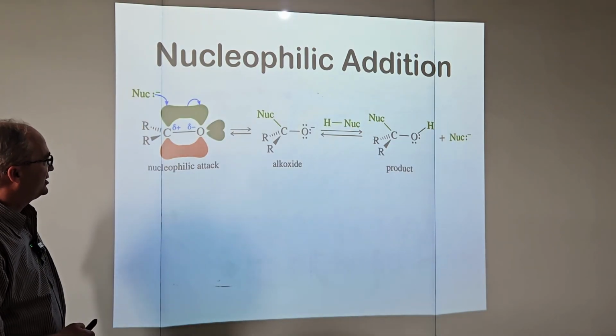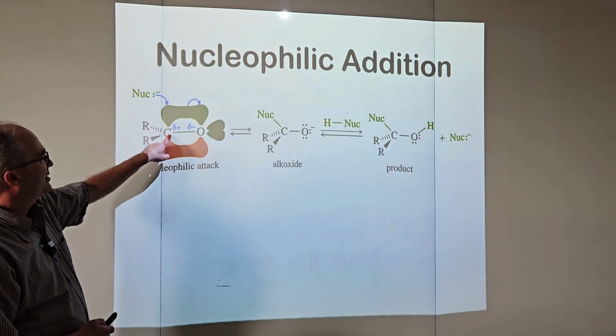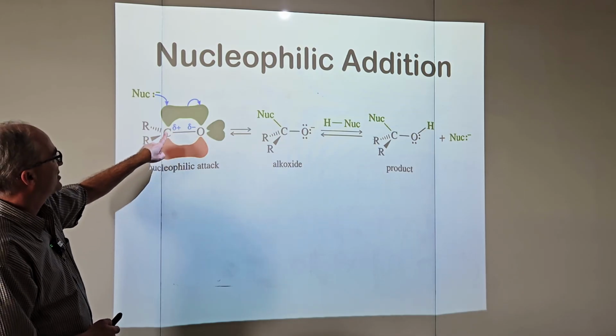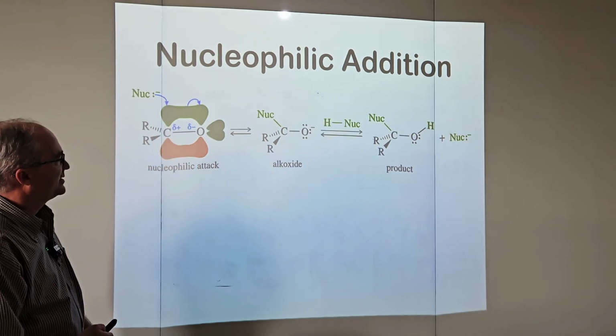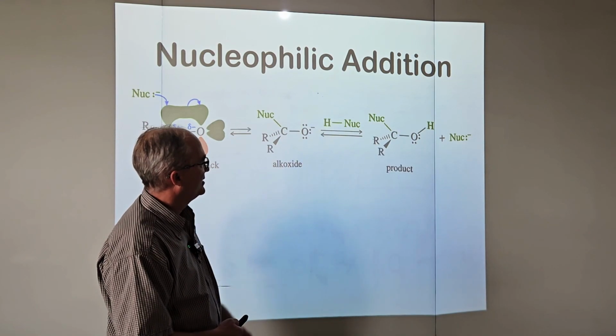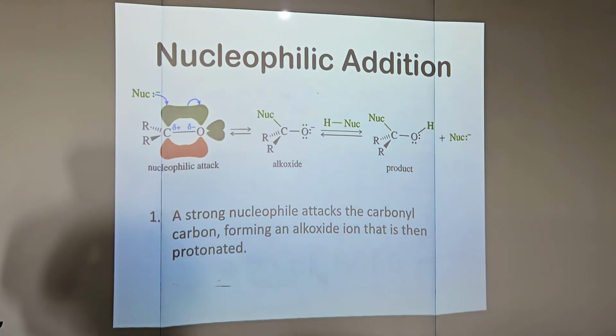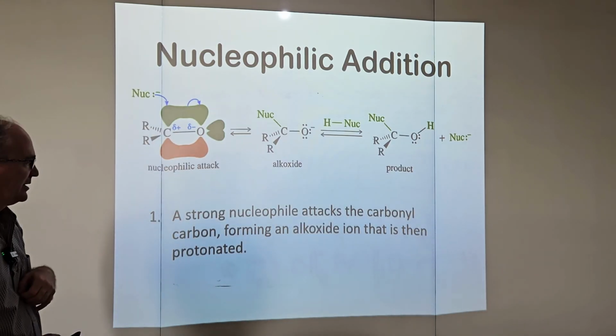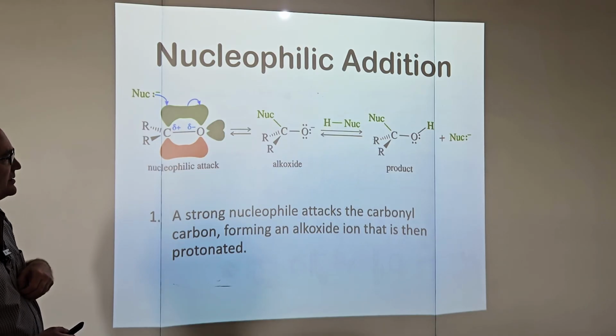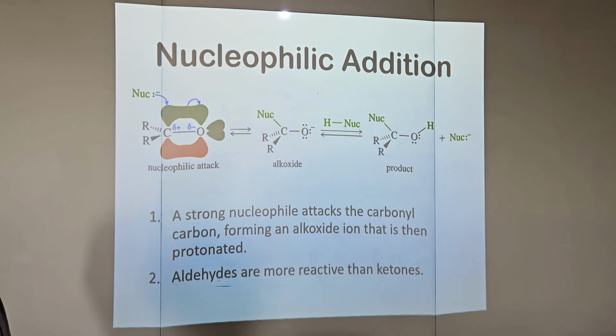So nucleophilic addition. Once again, carbonyl carbon has that little positive charge. Nucleophile hits that. You have an alkoxide. A strong nucleophile attacks the carbonyl carbon, forming an alkoxide ion that is then protonated. And aldehydes are more reactive than ketones.